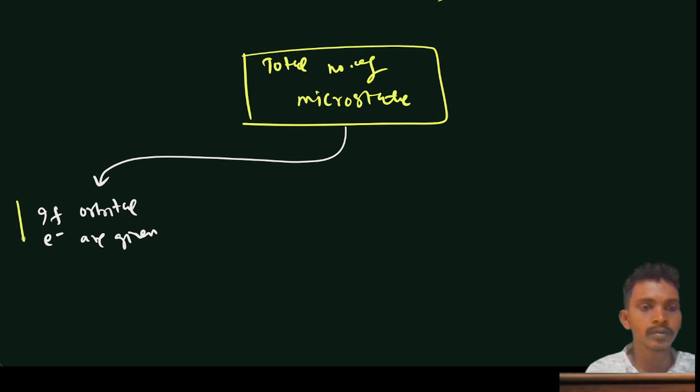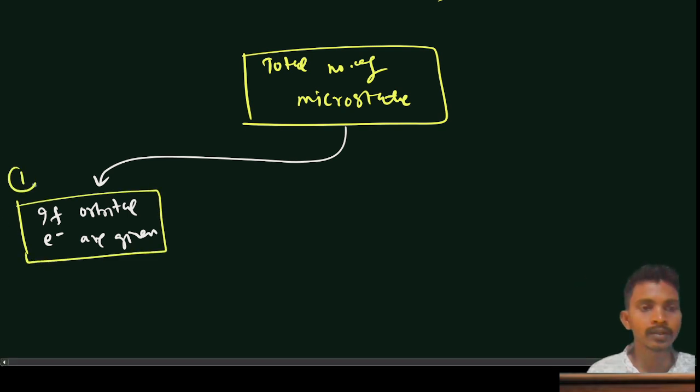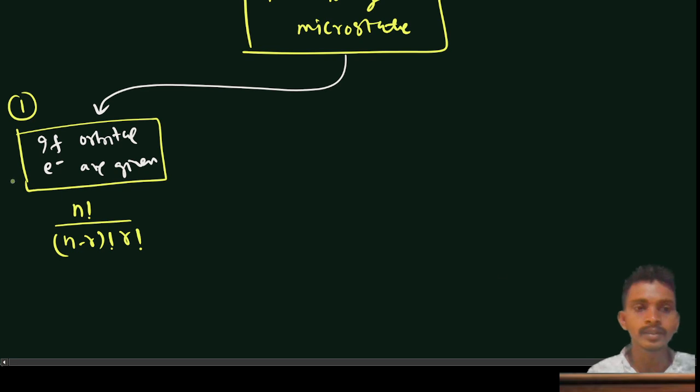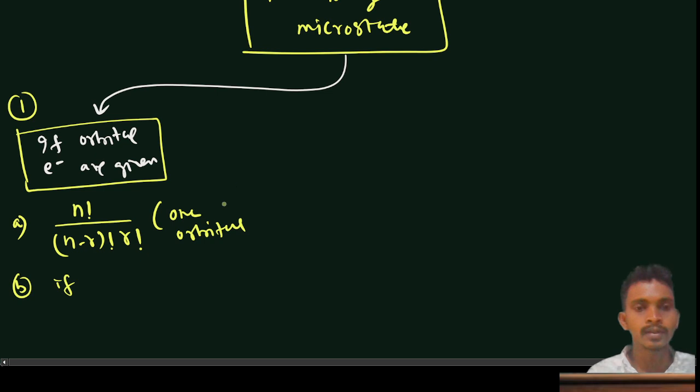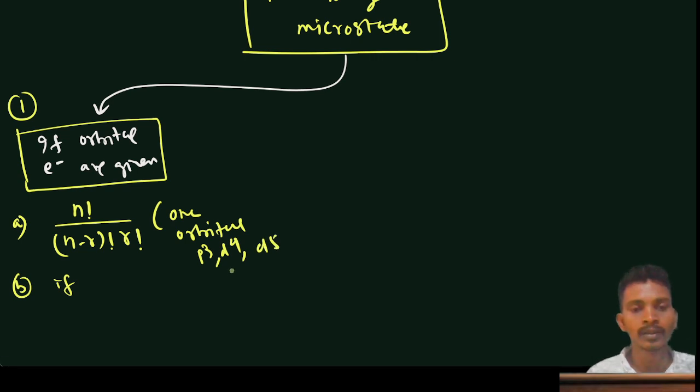Then use this formula, that is n factorial over n minus r factorial into r factorial. Okay, this is case A if one orbital is given, the same orbital, or you can say one orbital, like p3, d4, d5, or let's say s2, p2, like that.